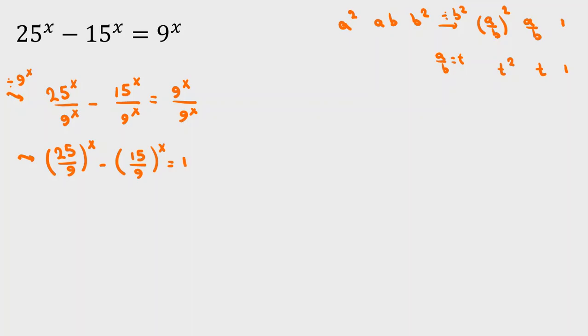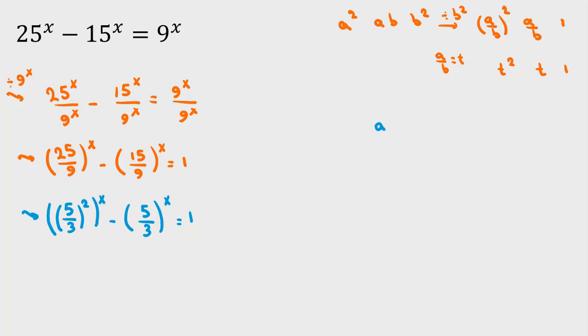Now, let's simplify. 25 over 9, we can say it is equal to 5 over 3 squared to the x minus 15 over 9. You can divide by 3 both numerator and denominator. It will be 5 over 3 to the x equal to 1.